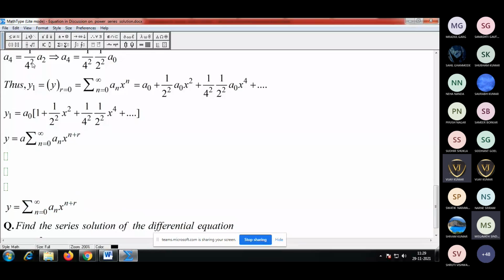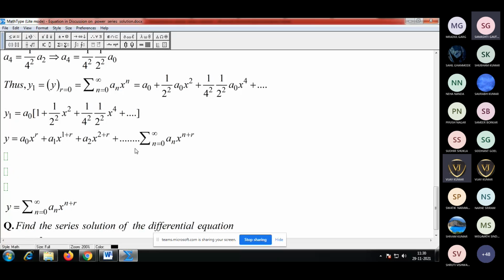So what is this term? For your convenience, I'm writing a naught, then a0 x to the power r, then plus a1 x to the power 1 plus r, plus a2 x to the power r plus 2, plus so on.